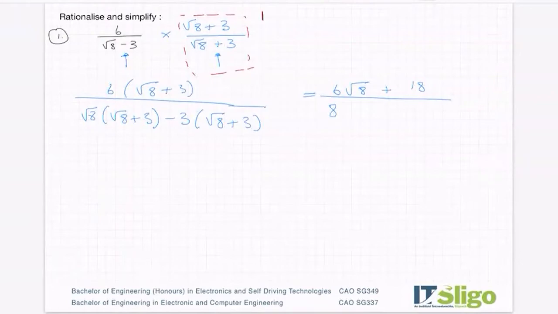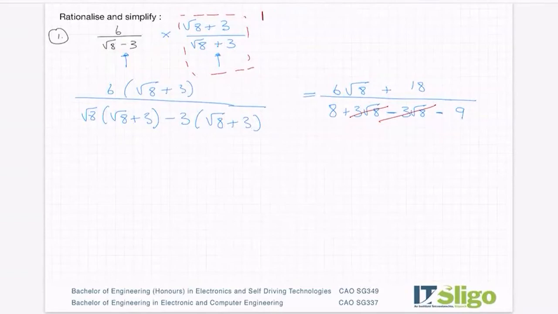Root 8 by 3 is 3 root 8. Then if we come to this bracket, we'll have minus 3 root 8. And then we'll have minus by plus is a minus, 3 threes are 9. Okay, and you can see that you got exactly what you needed to get, which was the surds to cancel. Okay, and if that doesn't happen for you, what you may have done is changed the wrong sign up here. Some people change both sides signs, and just little errors like that. If you don't get this to happen, you've done some little thing wrong.